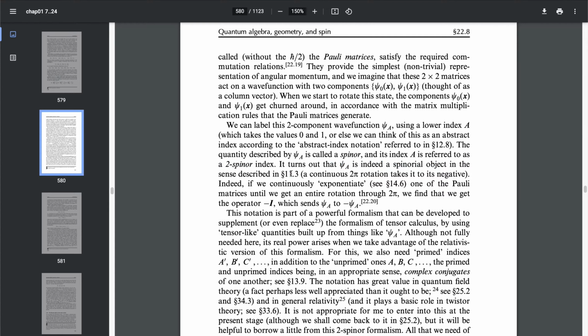So if we rotate it over 2 pi, we find that it will change its sign. We can confirm that if we continuously exponentiate one of the Pauli matrices until we get an entire rotation through 2 pi, we'll find that we obtain the operator minus I, which gives us a minus sign for our wave function or spinor here.